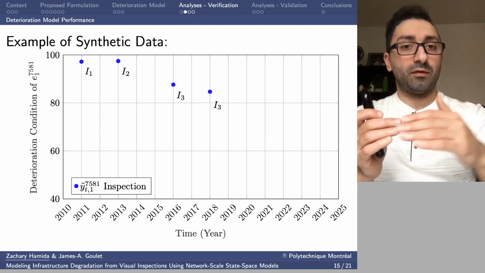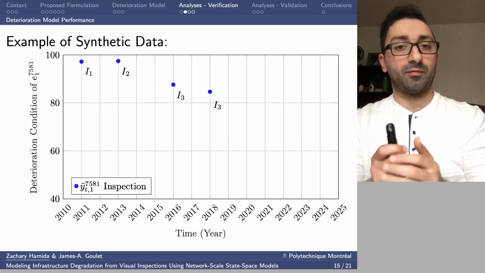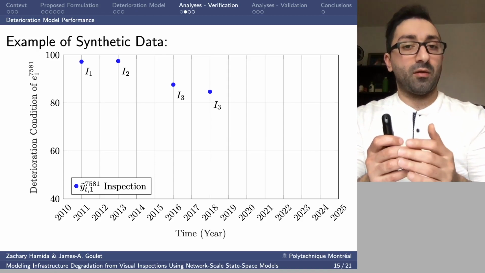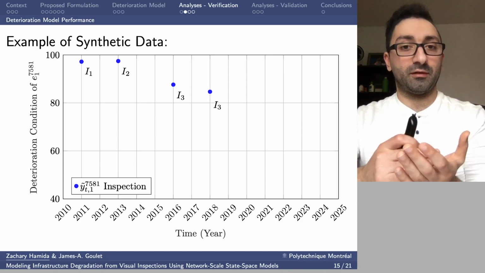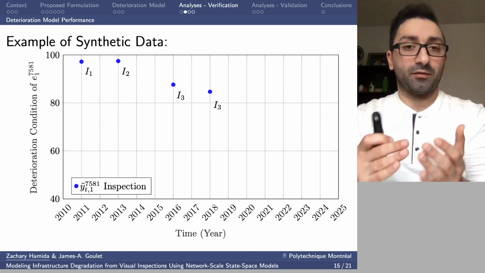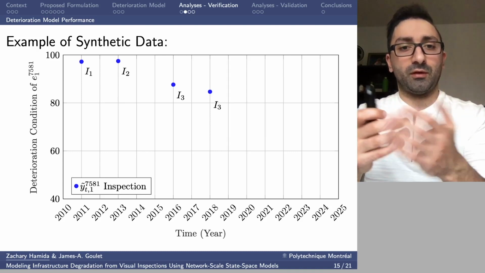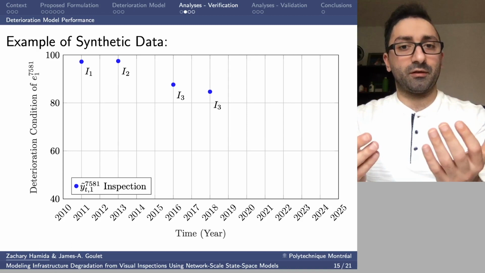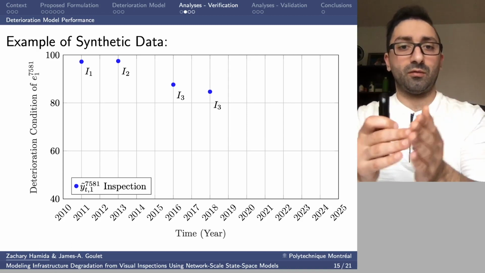There are two inspectors that are within the 90s, and there are two inspectors within the 80s. Now, it's unrealistic to have a steep deterioration within this short period of time. So if you're modeling the realistic deterioration behavior, who would you trust out of the two sets?